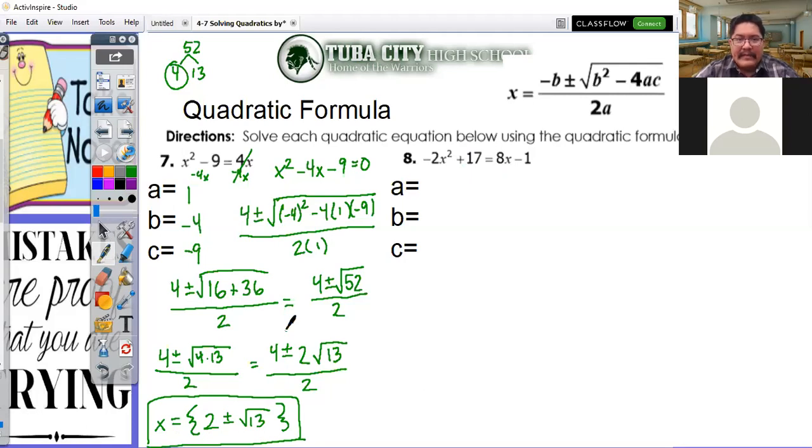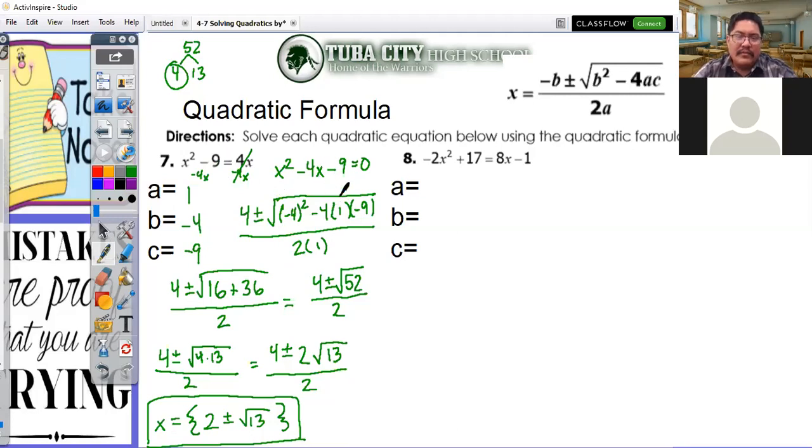Now, back to the best way to solve these, there is actually, as far as I know, maybe no other way you could solve this. Maybe you could solve this by completing the square. No. Well, maybe you could, but it would be pretty difficult.